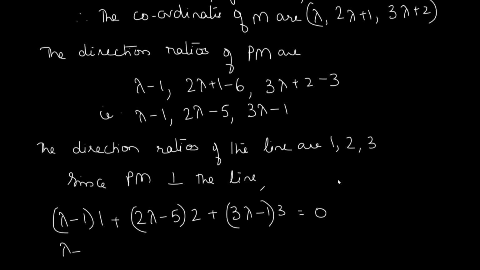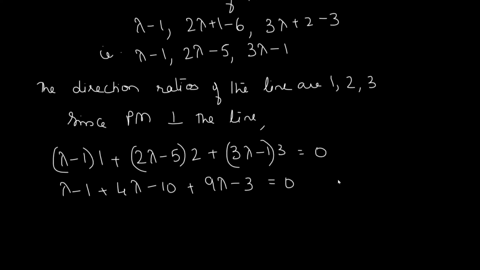That means we have lambda minus 1 plus 4 lambda minus 10 plus 9 lambda minus 3 is equal to 0. So 1 plus 4 plus 9 is 14 lambda, and minus 1 minus 10 minus 3 is minus 14. So 14 lambda minus 14 is equal to 0, and therefore lambda is equal to 1.